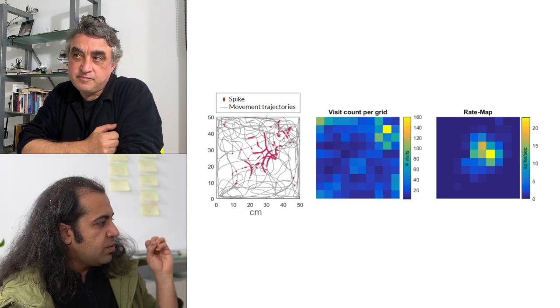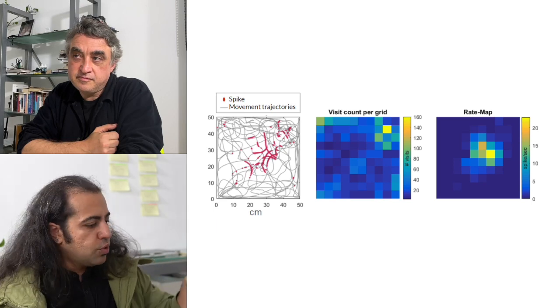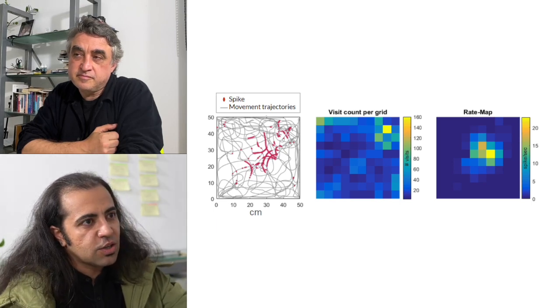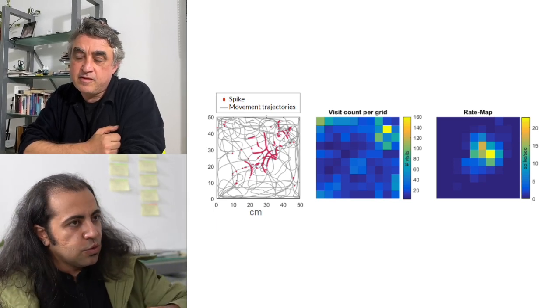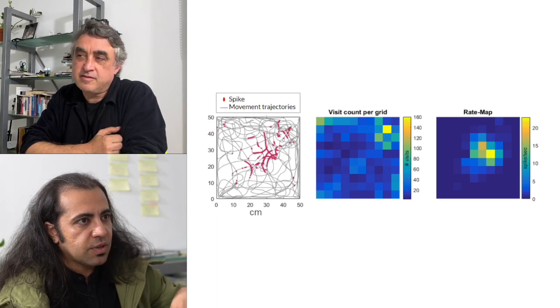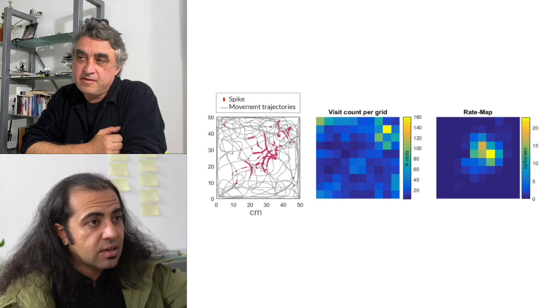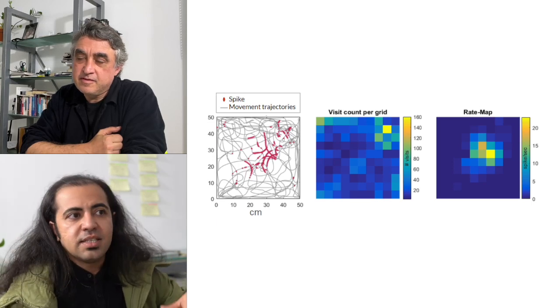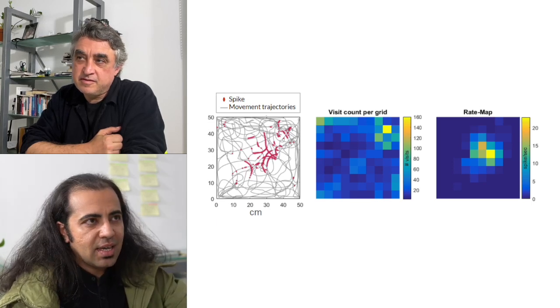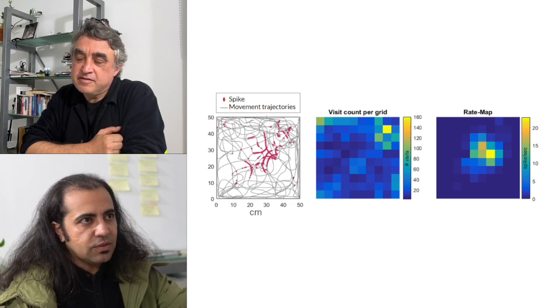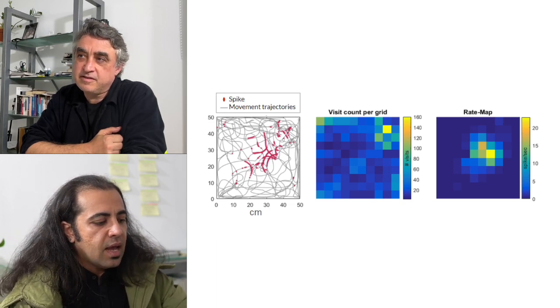Like there is one cell that whenever in this room you come to this location, it starts firing. And then you go to the other locations of the environment, it keeps silence. The same cell, when you go to another environment, to another room, has a different place field. The location that the cell is responsive to, is sensitive to, we call a place field.